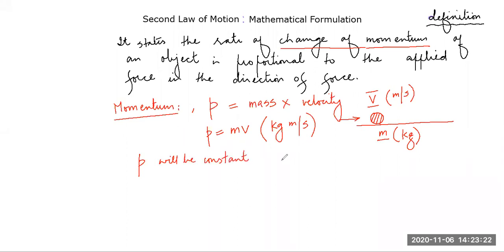Then can any student tell me when the momentum will change? The momentum will change when P changes, when the velocity changes. Am I right? And how will the velocity of an object change? Speed and velocity are not the same. When will the velocity of an object change?